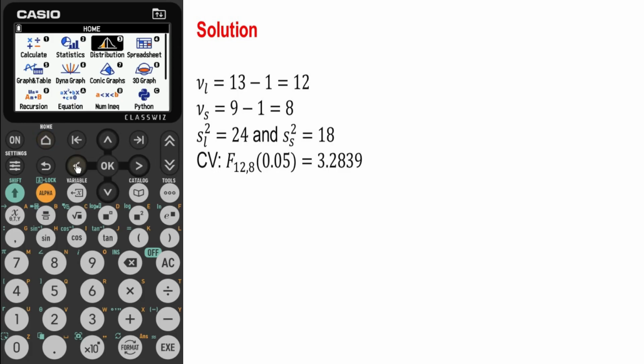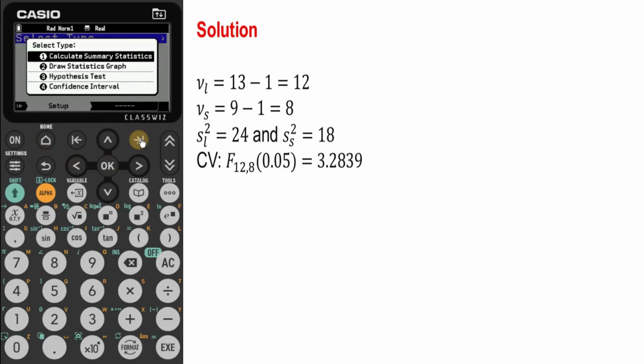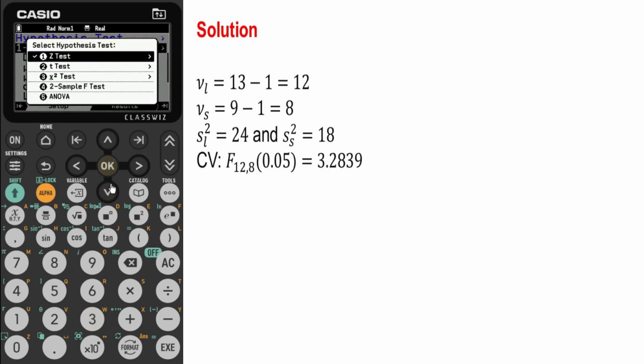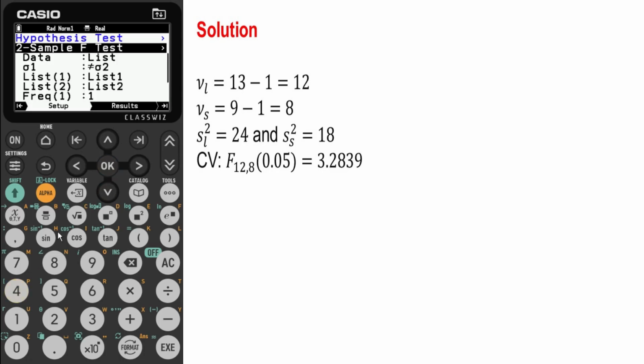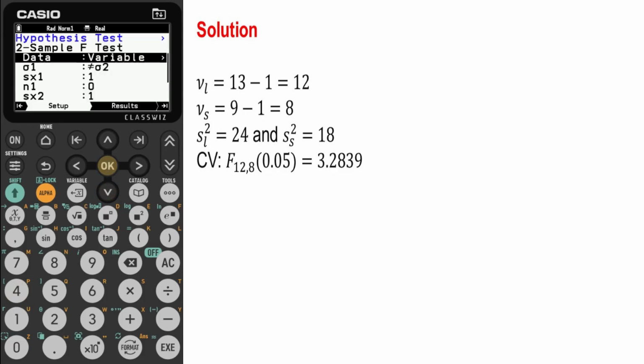If we go to the statistics application, then go to setup, then the third option for hypothesis test, let us select the test to be a two sample F test. The data will be selected with variable.